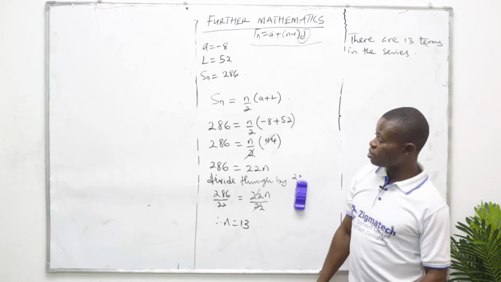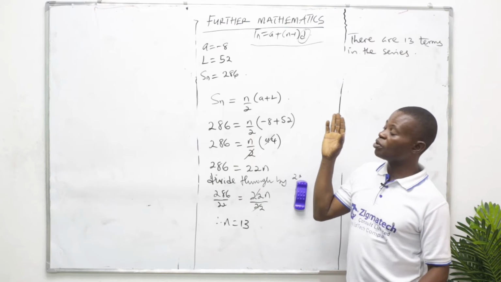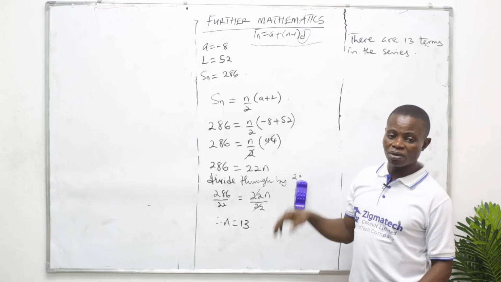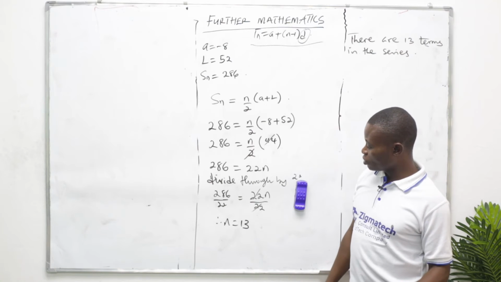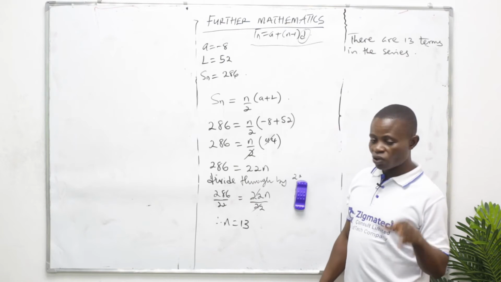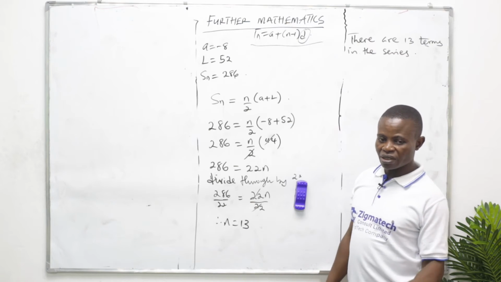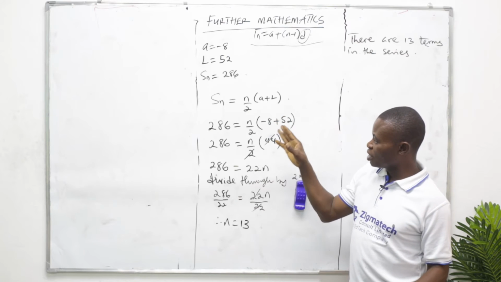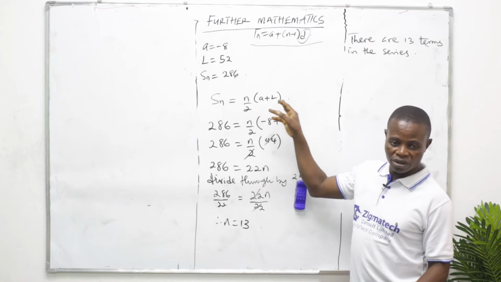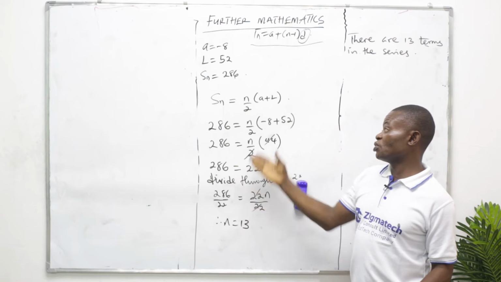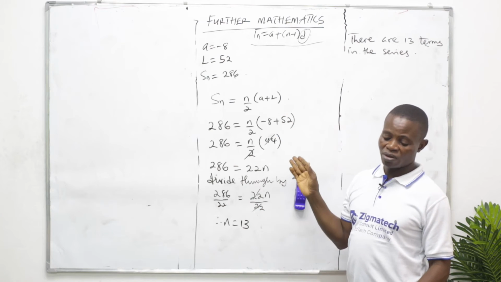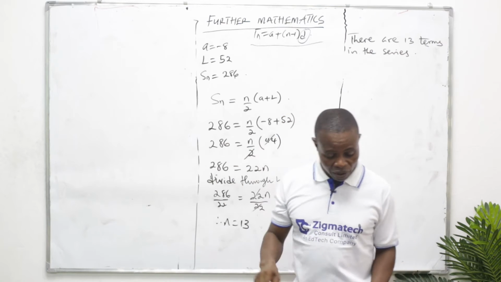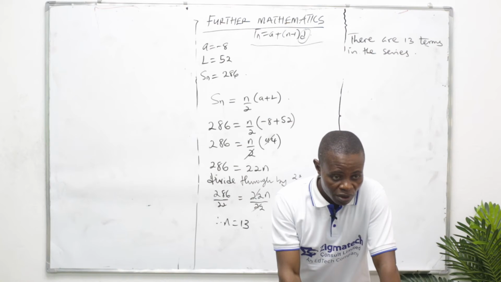So the best formula, you follow the terms they call for you, the language they use for you. Here, the major factor is sum and the last term. So I have to invite the formula that carries the last term. That's why I'm using this.